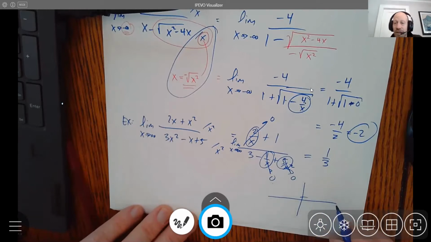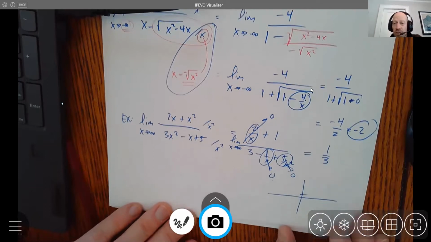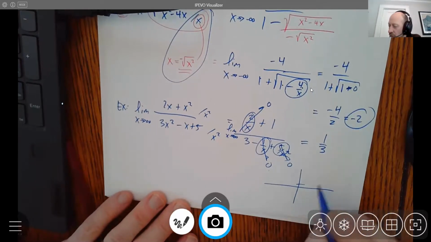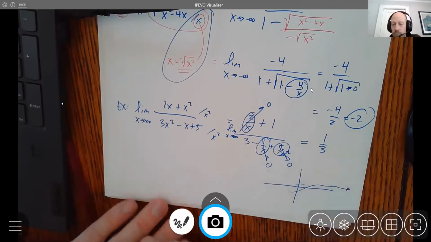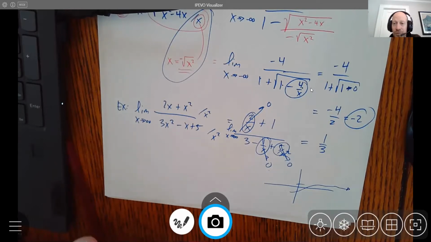In fact, the function values can be made as close to 1/3 as we want by picking x values sufficiently large. You can have a delta epsilon definition of this as well. We don't, so don't worry, but you could.